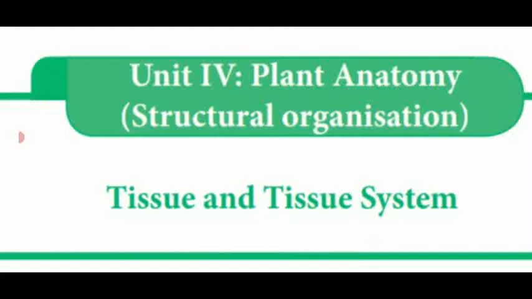Dear students, in the previous video class, we have seen what is meristematic tissue, the characteristic features of a meristematic tissue, and we have seen different classification of meristem based on the position, origin, function and plane of division.